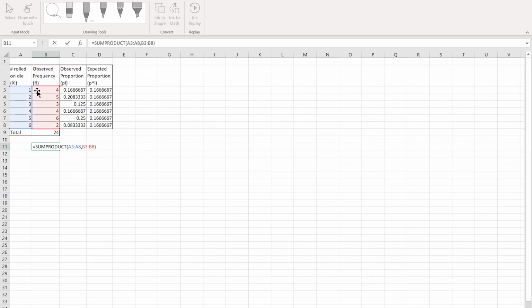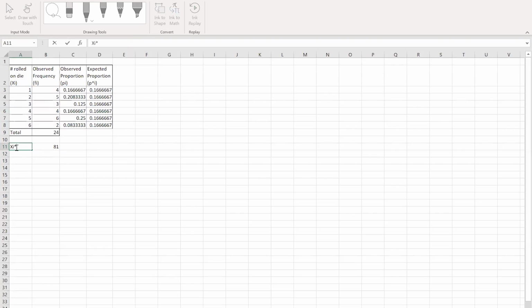What this does is it pairs these up. It'll do 1 times 4, 2 times 5, 3 times 3, 4 times 4, and it'll sum those products. So 1 times 4 plus 2 times 5 plus 3 times 3, so on and so forth. That gives us the numerator for calculating our weighted average.